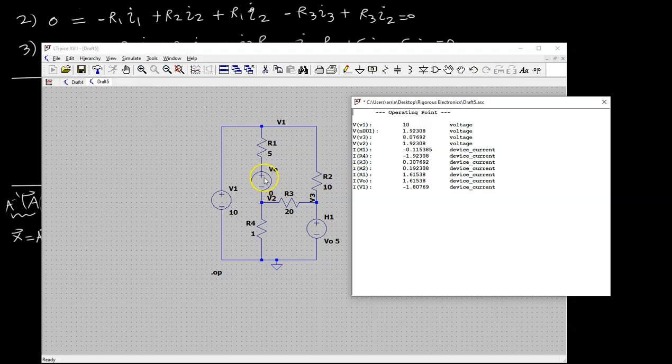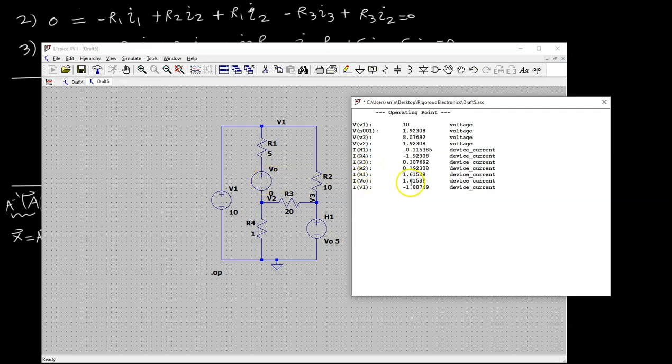The reason I have to put this in here is because I have a current controlled voltage source, so it's going to take the current going through this voltage source, multiply by 5, and that's going to be the voltage across that dependent source. That's the reason I have this dummy voltage source here. It does not change any voltages because it's a voltage of 0.